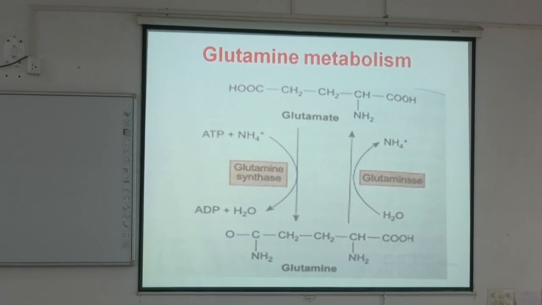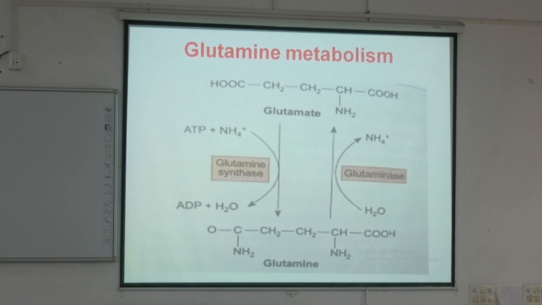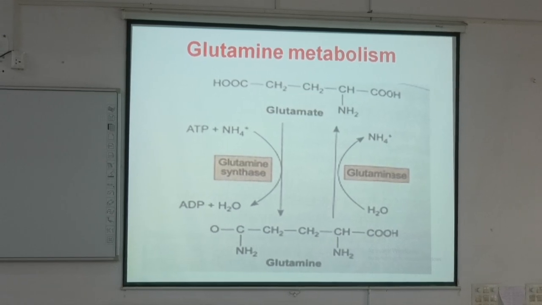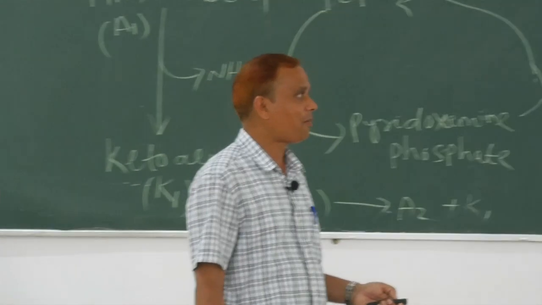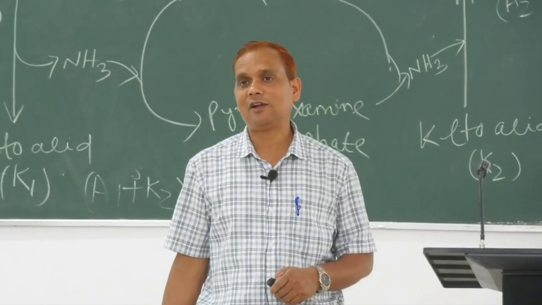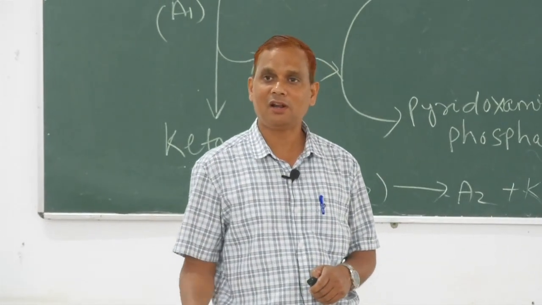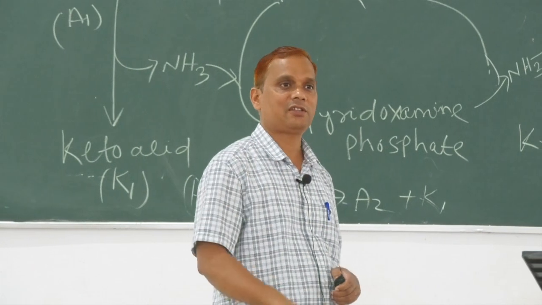ATP is required for this process. And from glutamine, glutamate can be synthesized by the help of the enzyme glutaminase. The process is hydrolysis, with addition of water.